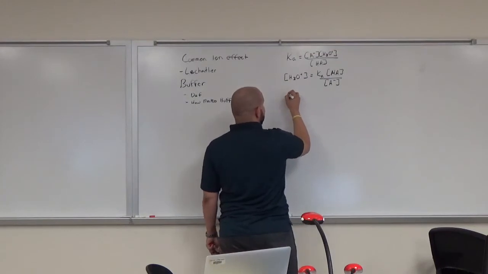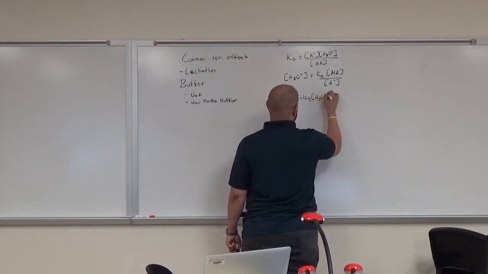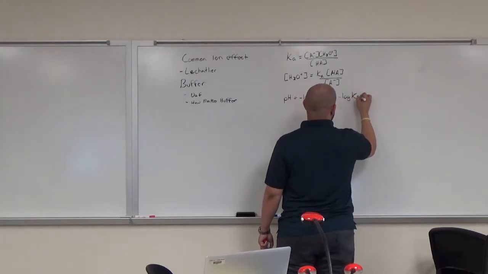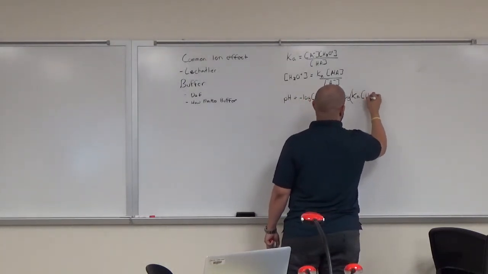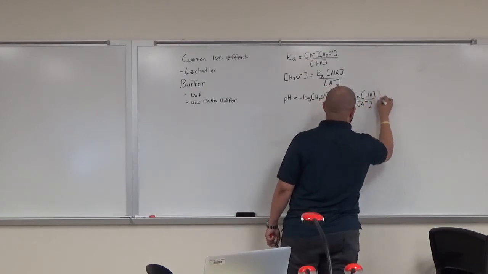And we know that pH is equal to negative log of [H3O plus], which is equal to negative log of Ka times [HA] over [A minus].